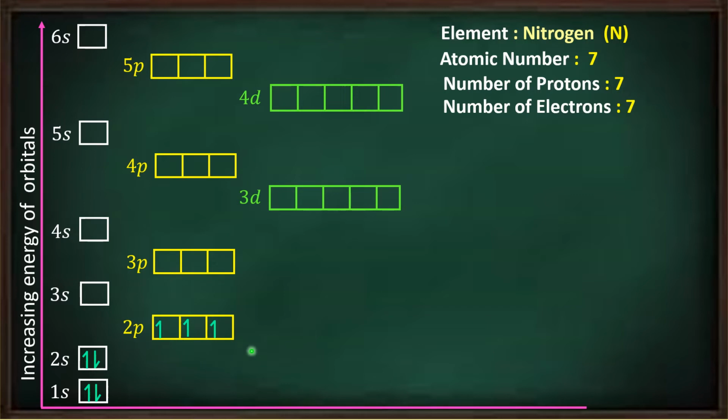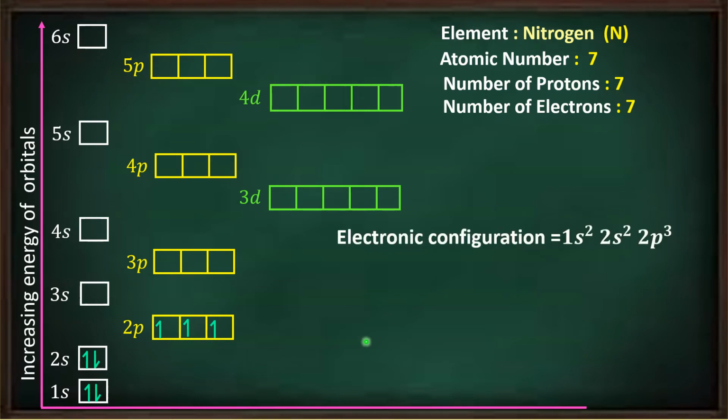Okay, so here in the electronic configuration, you can see all three p orbitals are singly occupied at first according to Hund's rule. Then they are doubly occupied. If any electron comes next, that electron will pair up with this electron, that is, pairing will take place from the next electron onwards in 2p.